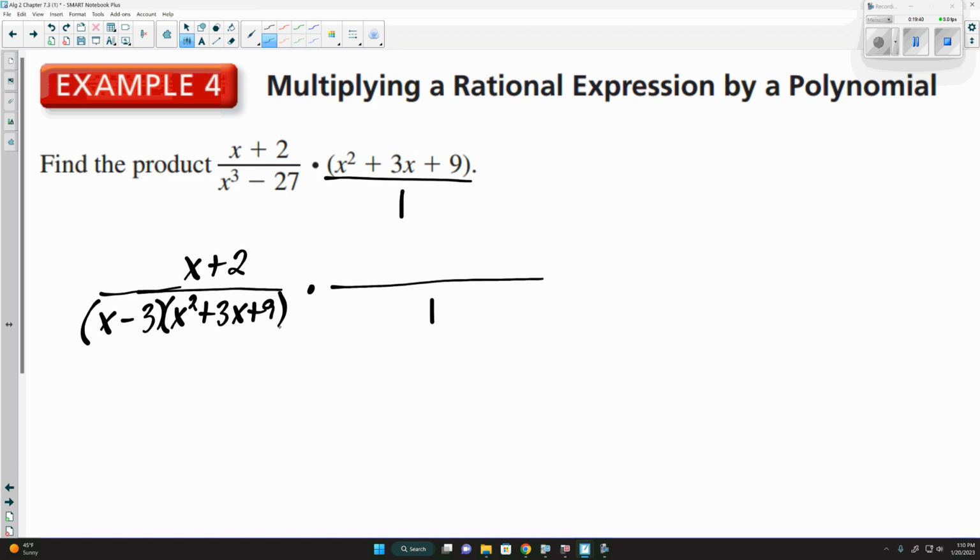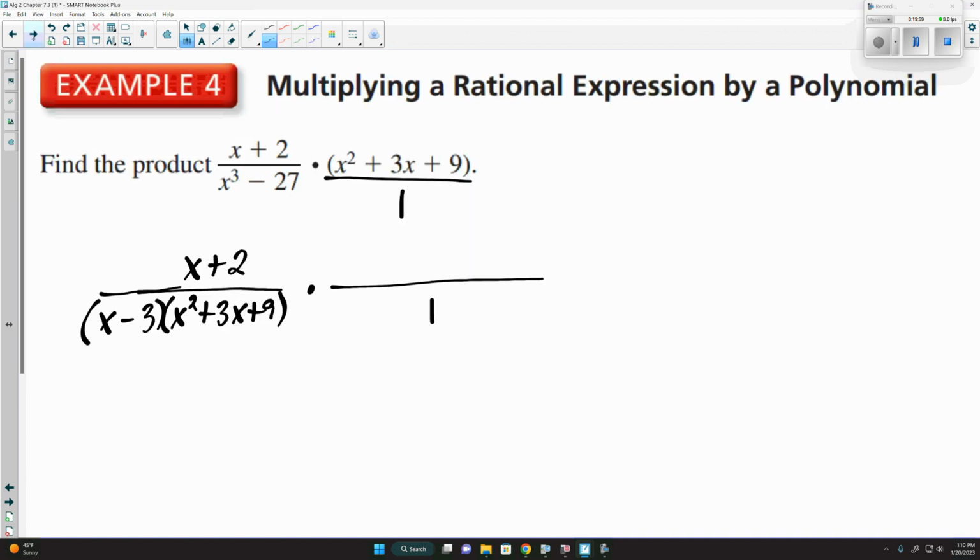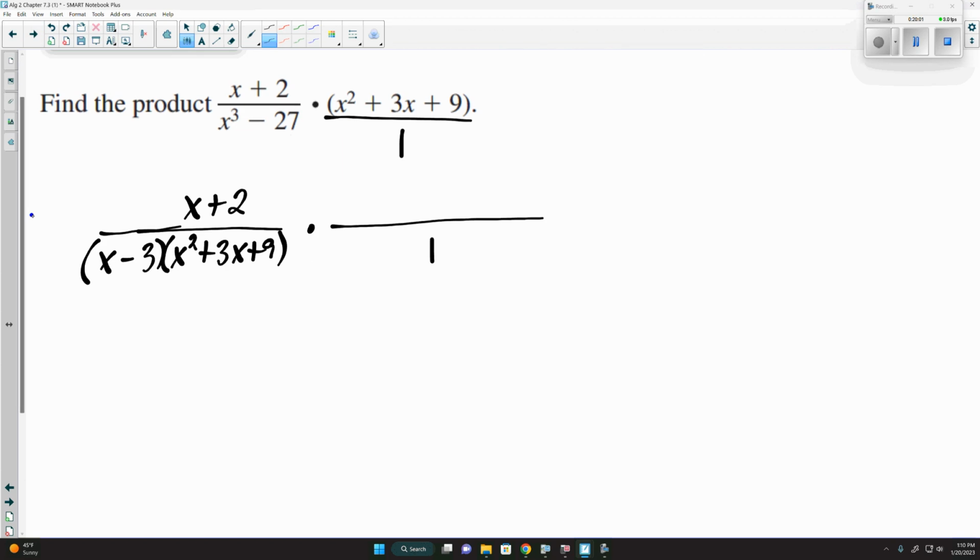It seems like we did that really fast, yes? We already just did that one, yes? x cubed minus 27, we got x minus 3 times x squared plus 3x plus 9. I didn't think we need to go through that one again.